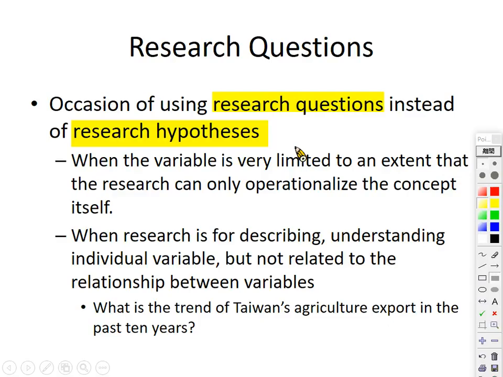It's okay. But the most important part is that the major components of the research questions or research hypotheses come from the indicators you have identified. Indicators, okay? So basically, when the variable is very limited to an extent that the researcher can only operationalize the concept itself, that is, you describe the concept, a research question is good.